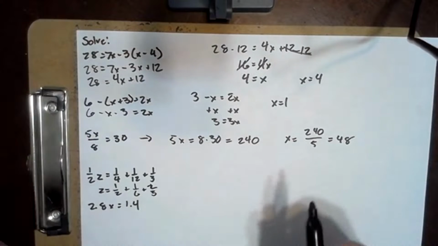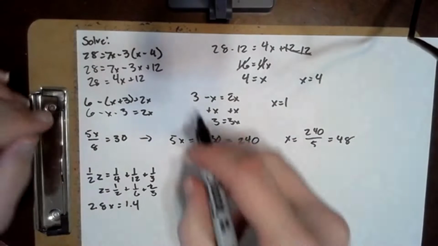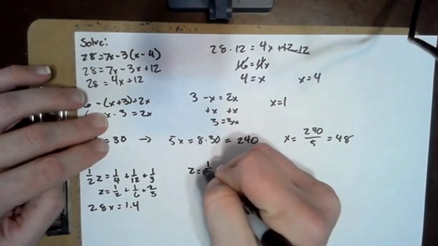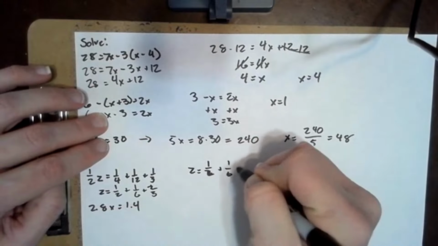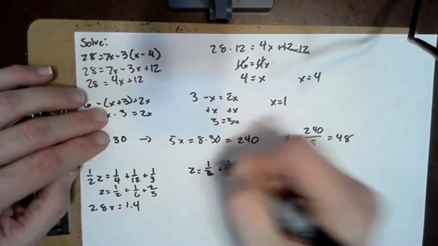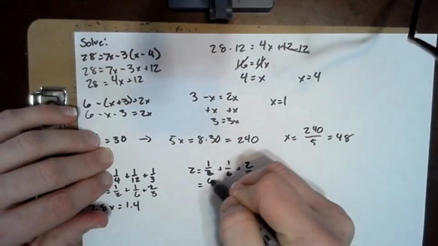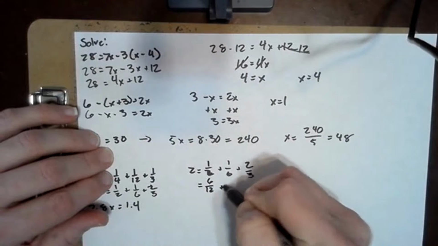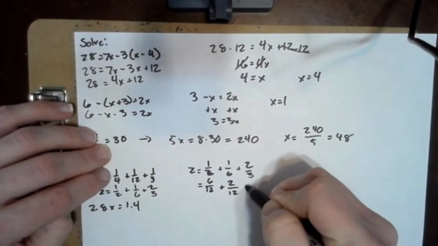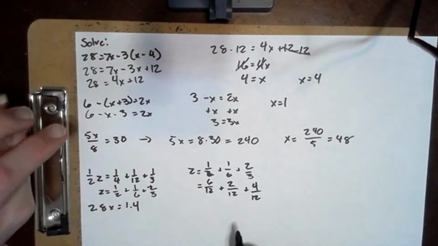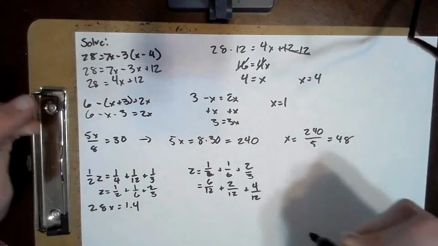Now we need to take these fractions and write them as a single fraction. z equals 1/2 plus 1/6 plus 2/3. Well, I can write all of these in terms of twelfths. That's 6/12 plus 2/12 plus 8/12.